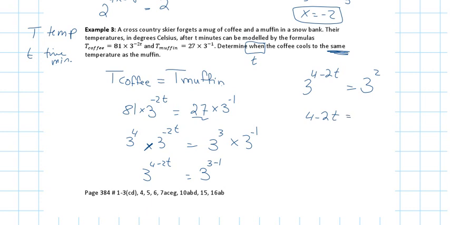Leave the minus 2t here. Move the 4 over. And that would give you t equals 1 minute. Okay, so it's a word problem.